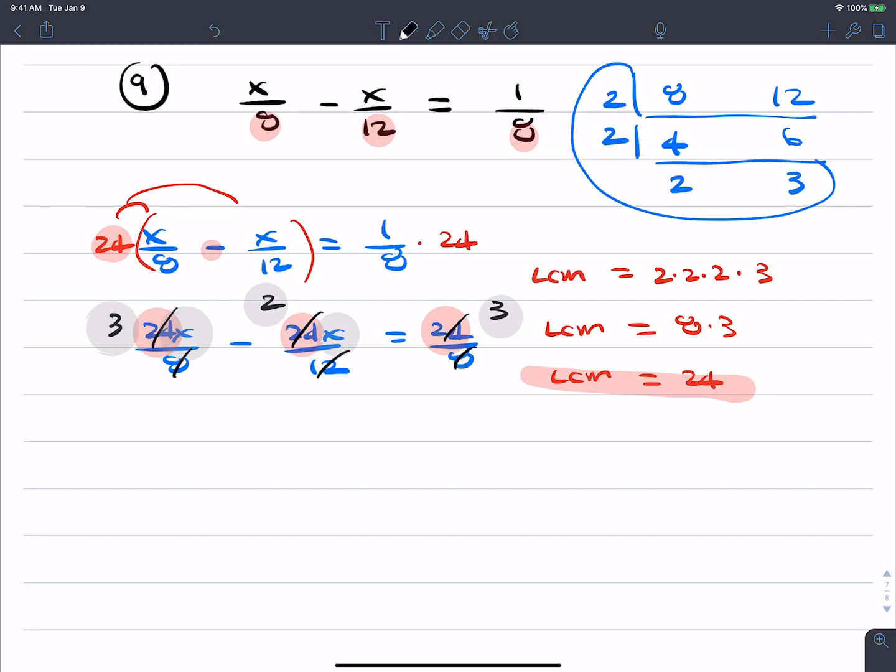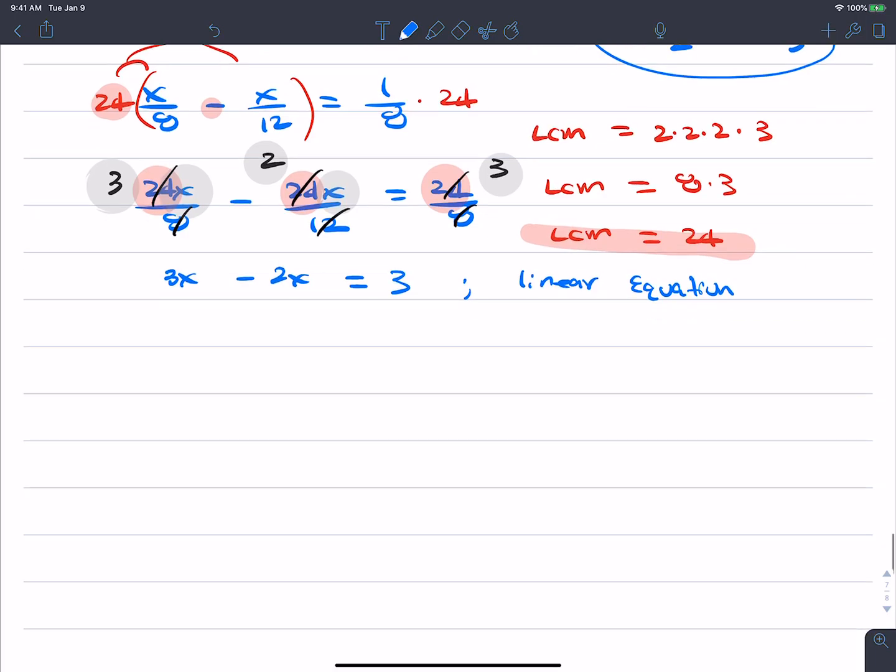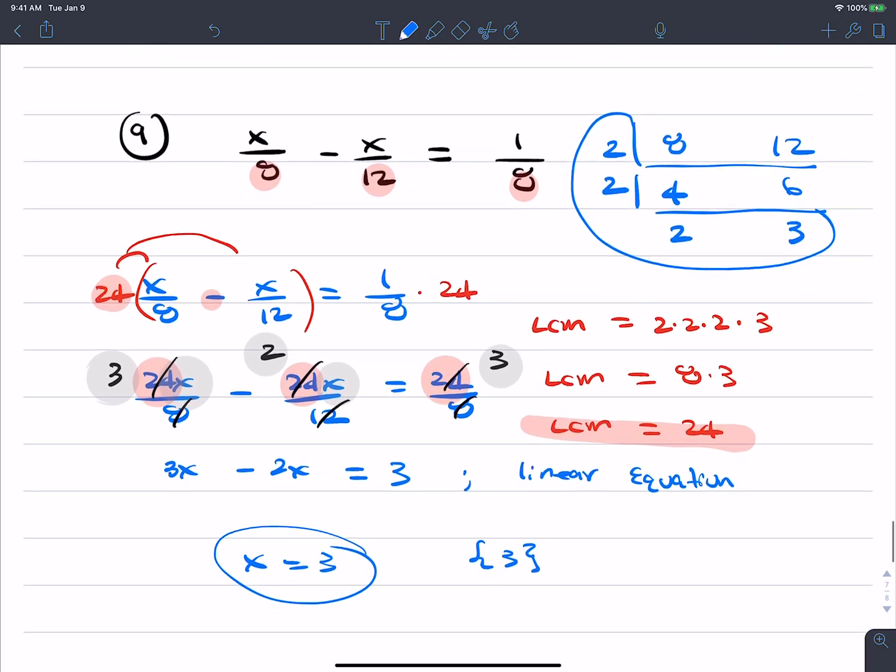So this is where you could really make a mistake when you do all your cancellation here. So we have here 3x minus 2x equals the number 3. And now you have a nice linear equation. And 3x minus 2x is simply x. x equals 3. Here's your solution. It's number 9.